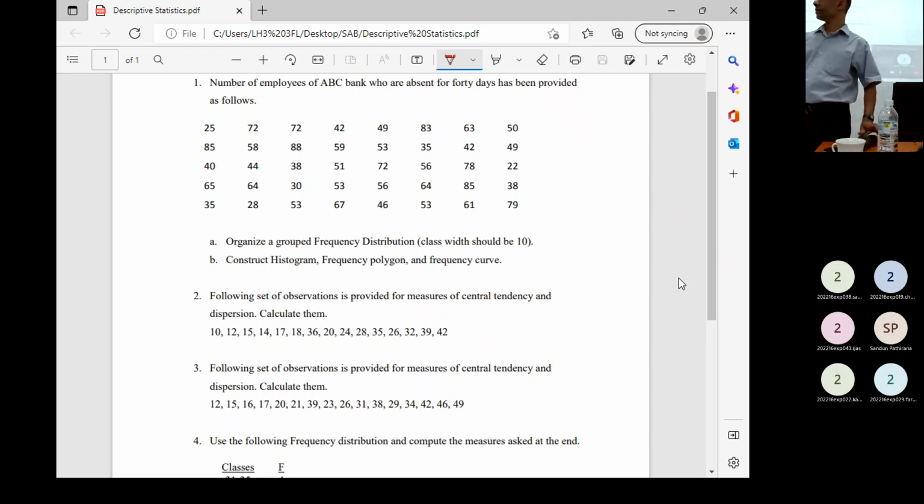This means that transforming raw data into organized data is all data organizing.